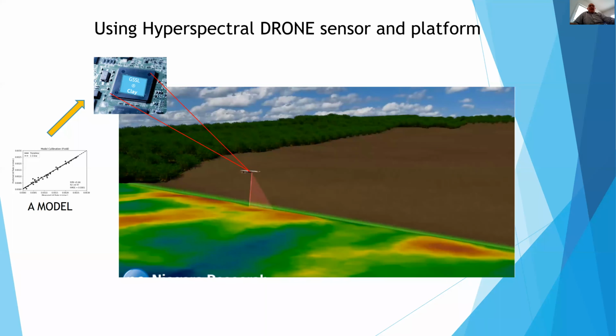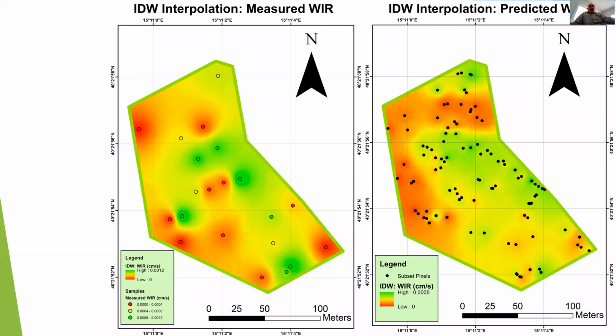On the left-hand side, you see an interpolation using only the samples measured in the field. On the right-hand side, we used more samples that were predicted by the model. So we have more samples to do the validation and the interpolation, and of course, the right-hand side is much more accurate.